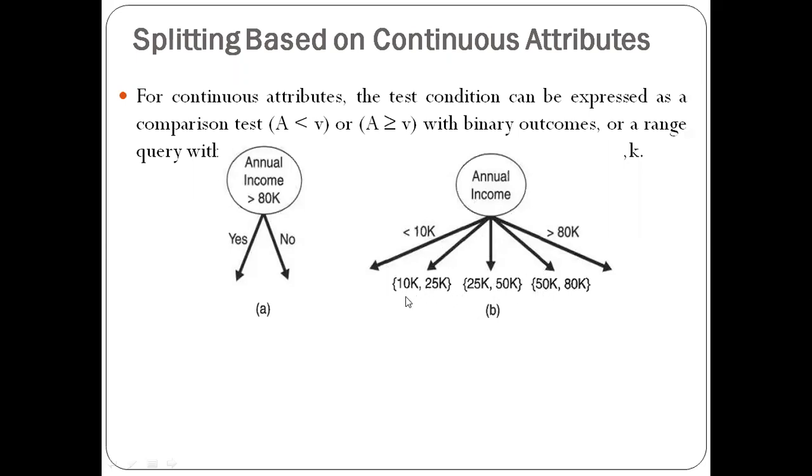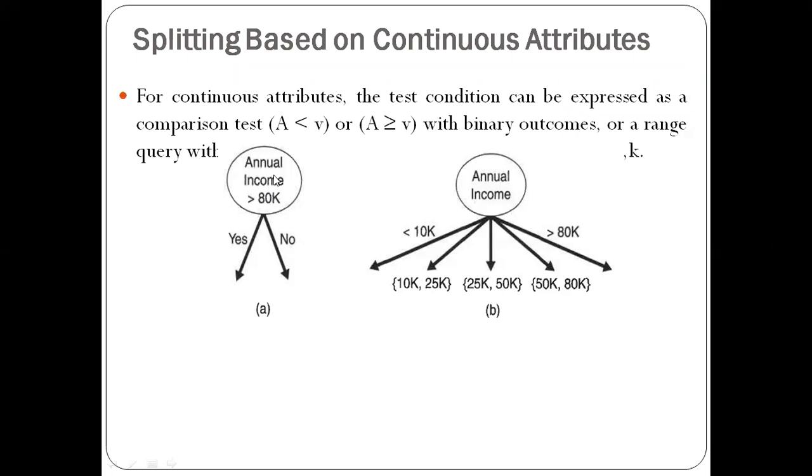See here: less than 10K is one partition, then 10K to 25K is the second partition, 25K to 50K is the third partition, 50K to 80K is the fourth partition, and the fifth partition is greater than 80K. This is a multi-way split.